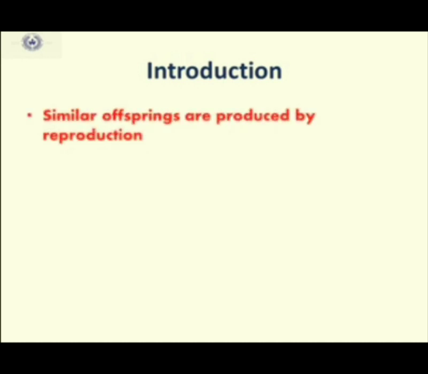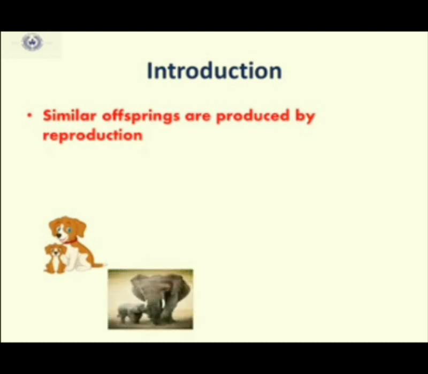As an introduction to the chapter, I want you all to recollect certain things that you have already learned in the previous chapter. How do organisms reproduce? What is meant by reproduction? The production of similar offsprings by the parents. Am I correct children? As we all know, the dogs will produce puppies. The elephants will produce only baby elephants.